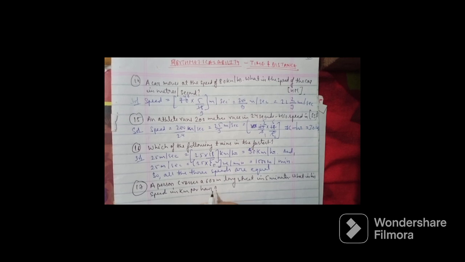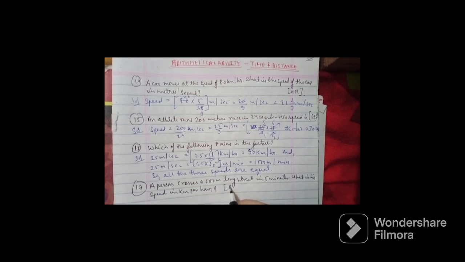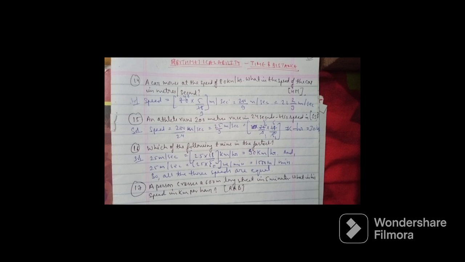Options were 3.6, 7.2, 8.4, and 10, and this has been asked in the RRB examination paper. So for that we'll find out the solution here.